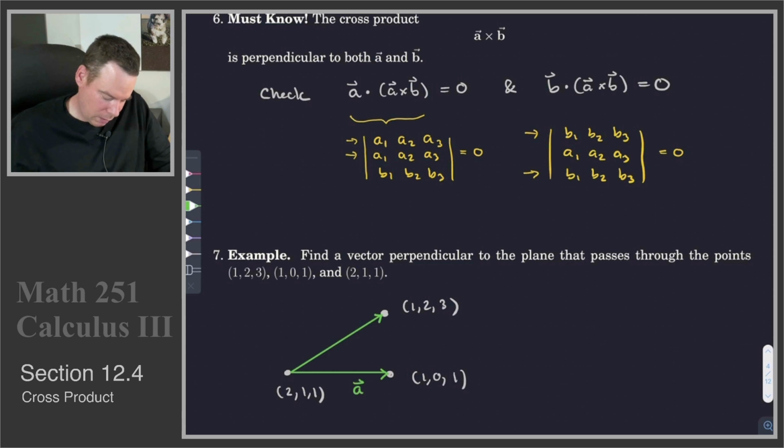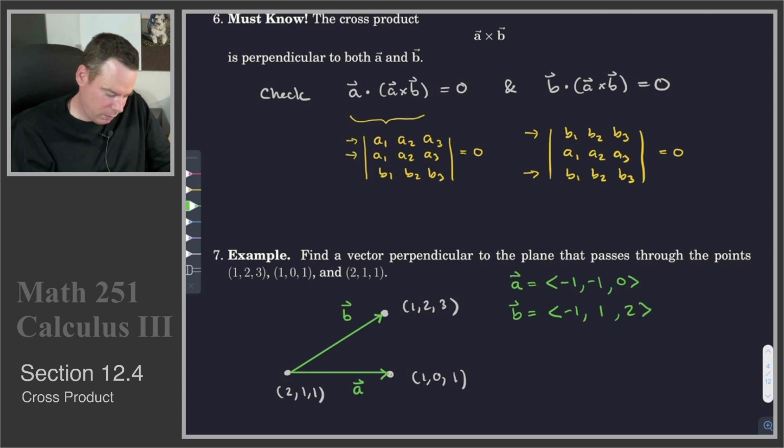Maybe I'll call this one A and this one B. What is our vector A? It would be tip minus tail, so it would be 1 minus 2, or negative 1, 0 minus 1, or negative 1, and 1 minus 1, which is 0. What's our vector B? Again, tip minus tail: 1 minus 2, which is negative 1, 2 minus 1, which is 1, and 3 minus 1, which is 2.